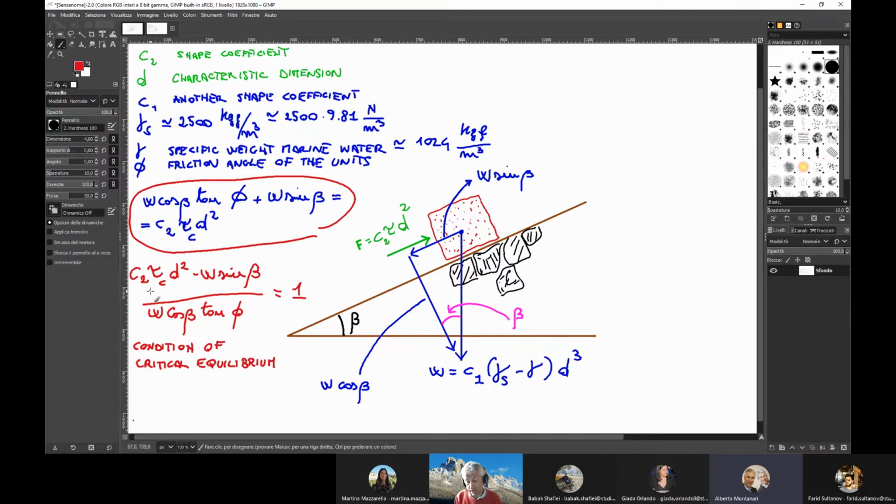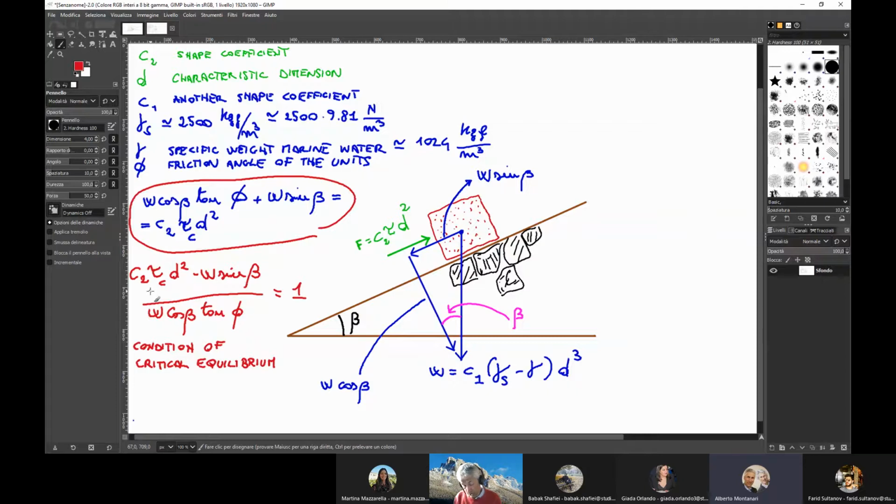Because as you see, tau C only depends on the size of the particle, on the shape of the particle, and on the slope beta, and then it's relatively easy to compute.